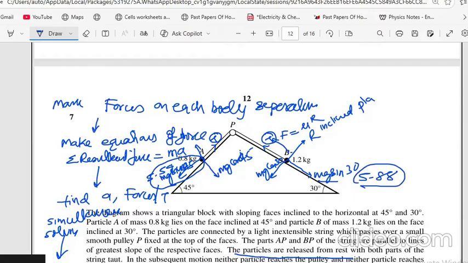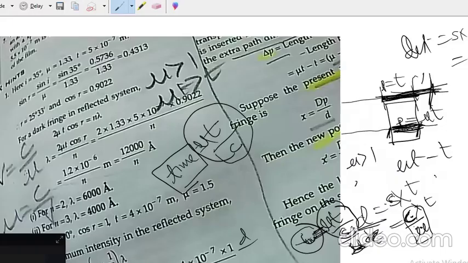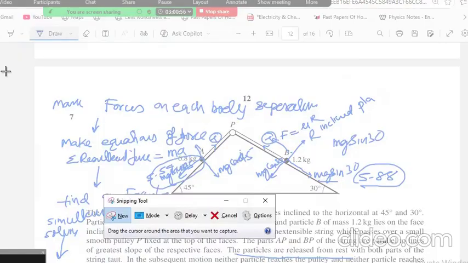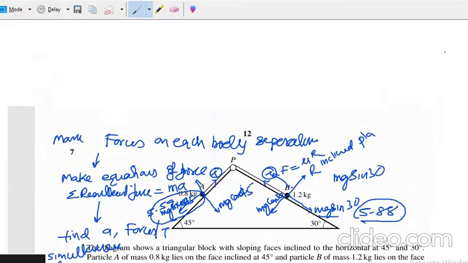So the equation we wrote for B: mg sine 30 is the force acting down, T is the force acting up, and mg sine 30 is greater. So mg sine 30 minus T is equal to ma.